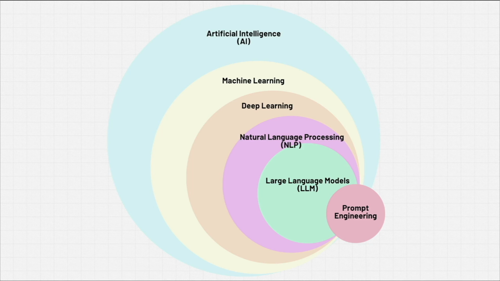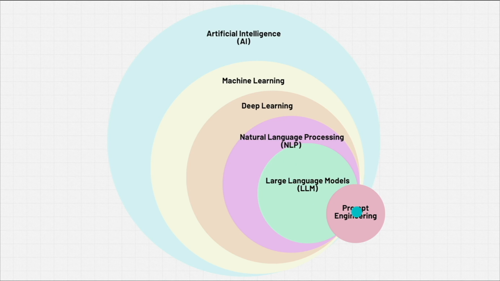First, I wanted to sort of break down the sector and where we are in it. You can see here I have this chart, starting with artificial intelligence is the big one, and then machine learning is a subset of that, deep learning is a subset of that, NLP or natural language processing is a subset of deep learning. Large language models are found here within NLP.